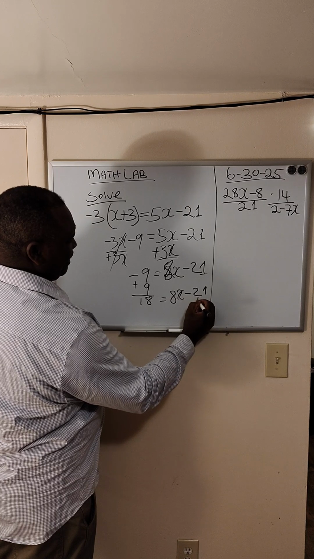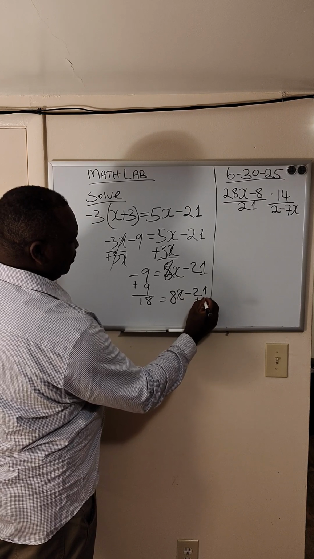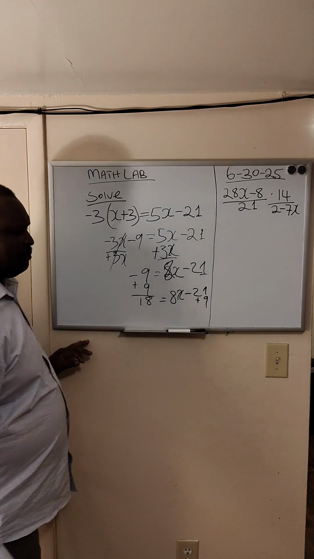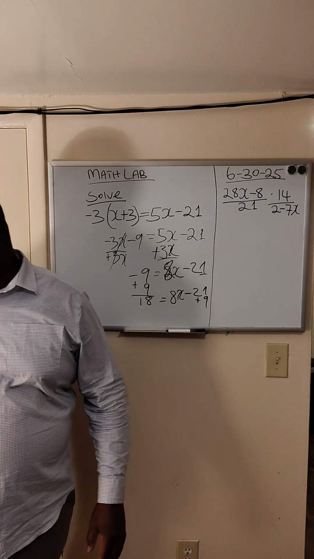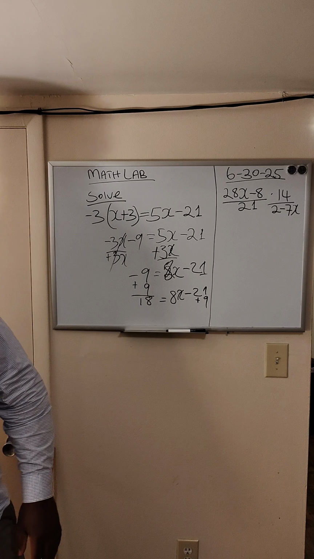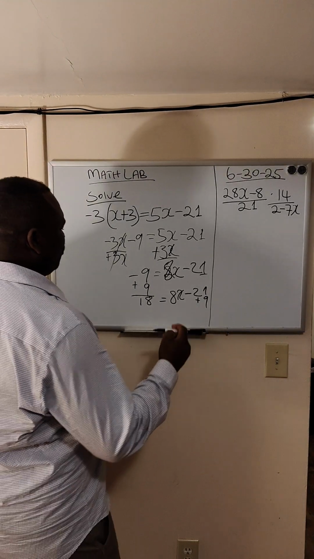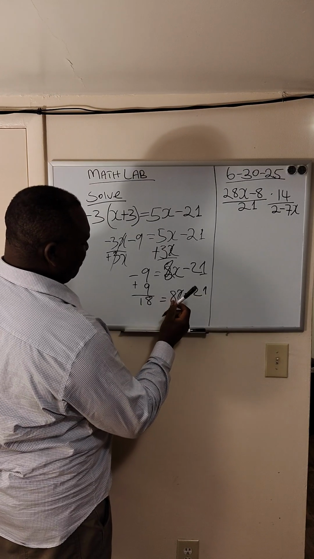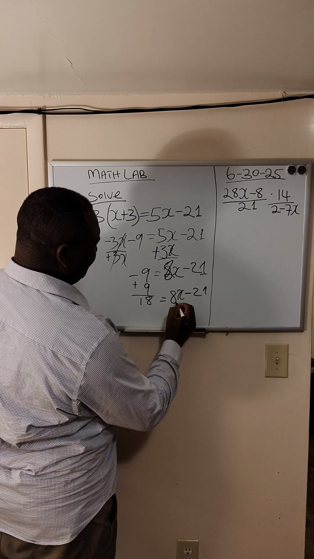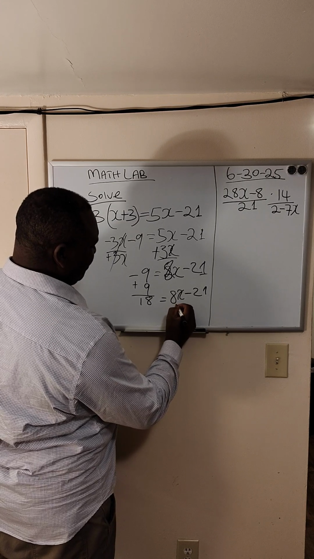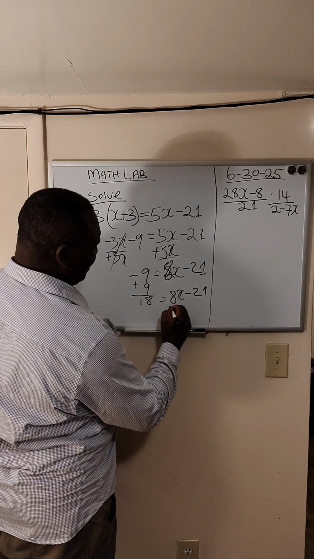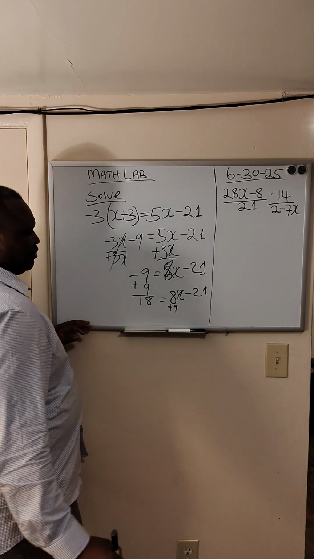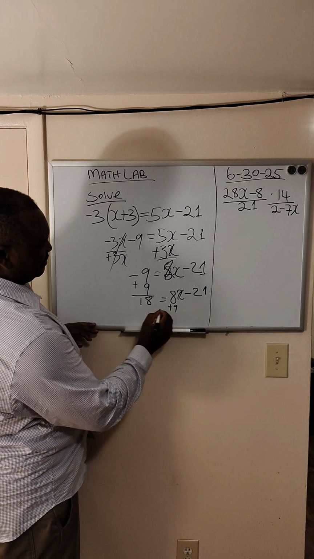We are going to add 9, not under 21, but over here by 8x. Let me make sure.